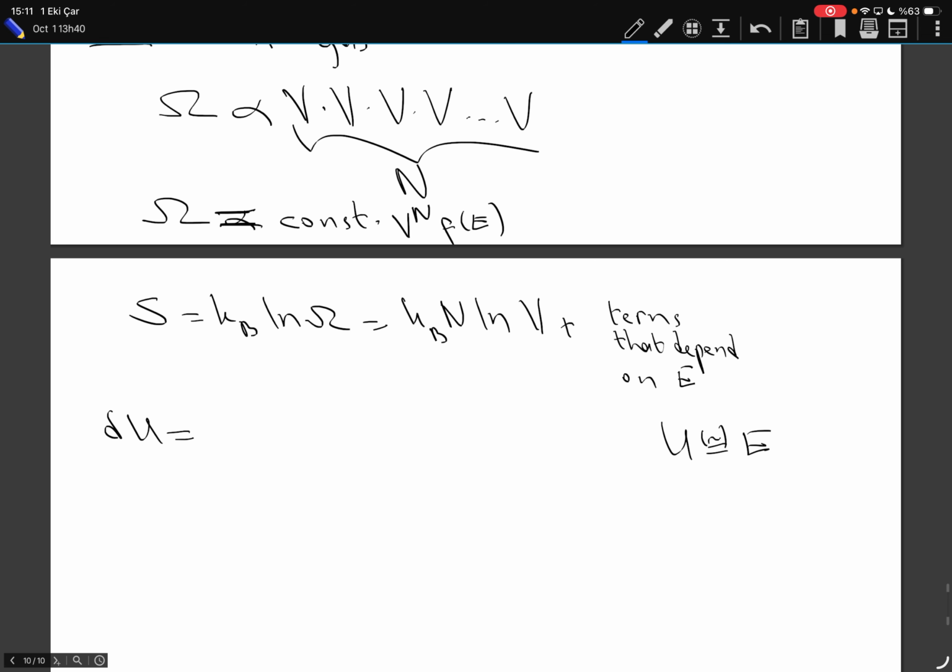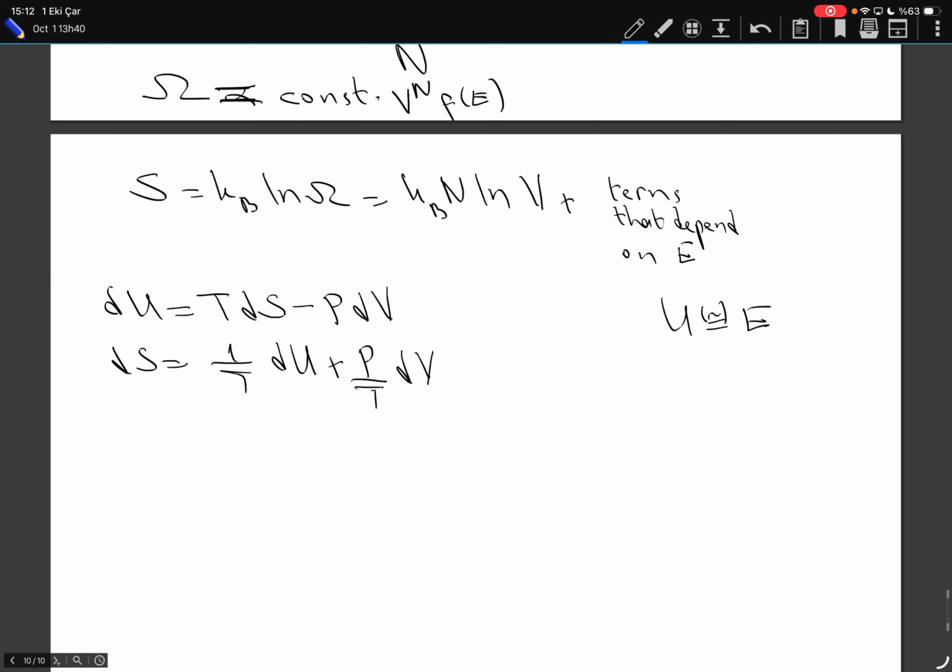So dU was TdS minus PdV, or dS was equal to 1 over T dU plus P over T dV. So in particular, the derivative of entropy with respect to volume at constant U is equal to P over T. I know the volume dependence of entropy.